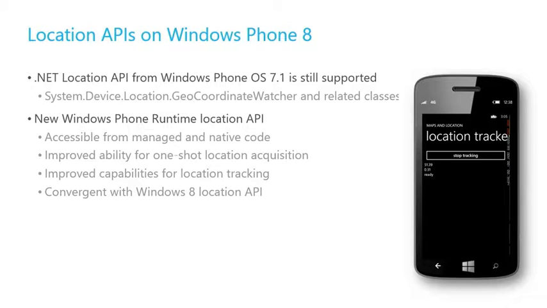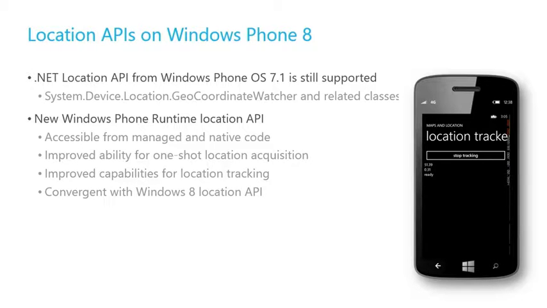All your code from 7.1 will still work just great under Windows Phone 8, along with the related classes in that library. Moving forward, though, if you're doing new app development, you probably want to start thinking about using the new Windows Phone Runtime Location API. This is convergent with the Windows 8 Location API, so it's pretty close to what you're doing on Windows 8. And it's got a number of new capabilities.